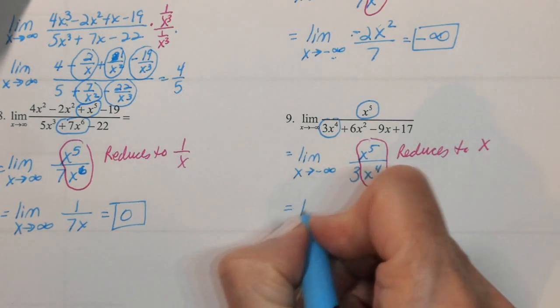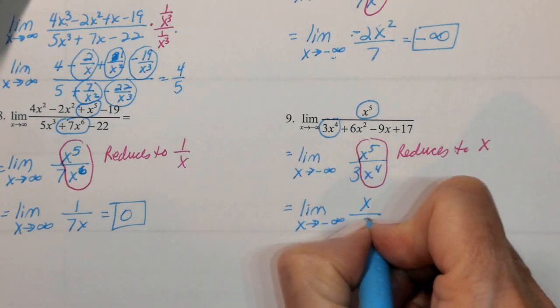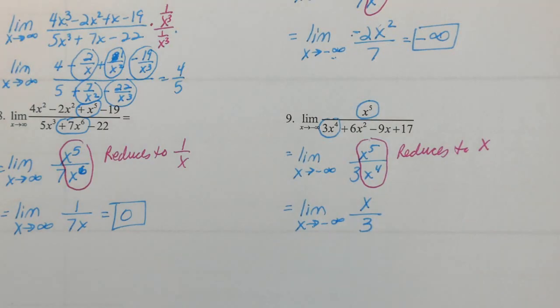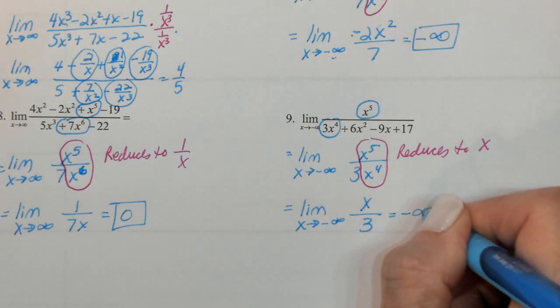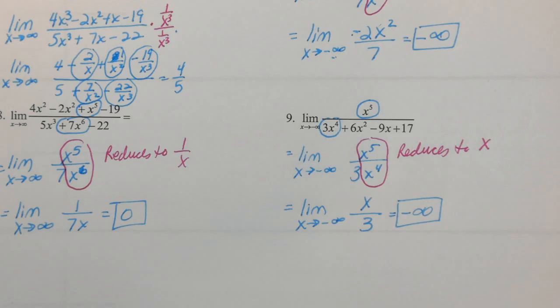So this is x over 3. Now we let x go to negative infinity. Divided by 3, this is negative infinity. Okay, and that's how you evaluate limits where x is going to positive infinity or negative infinity with an equation.